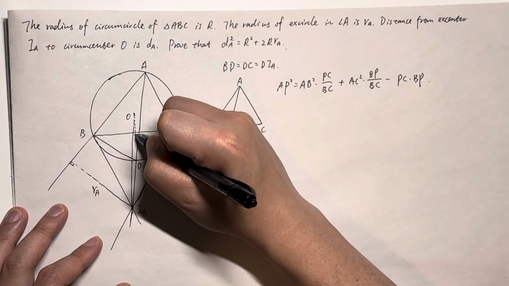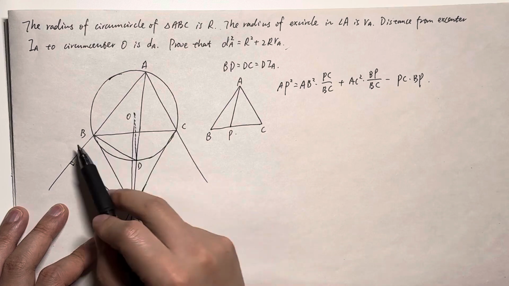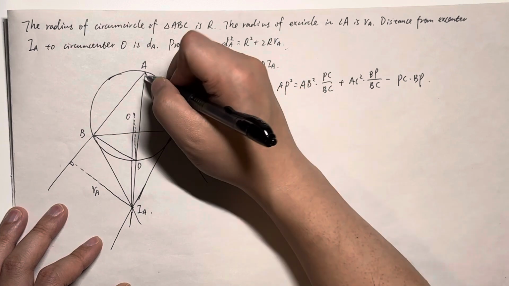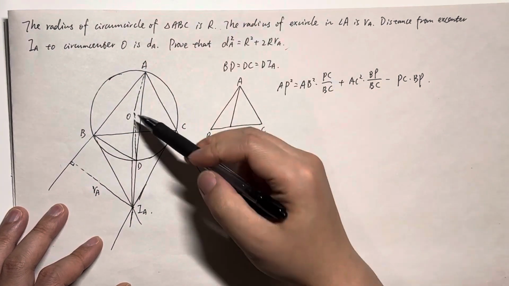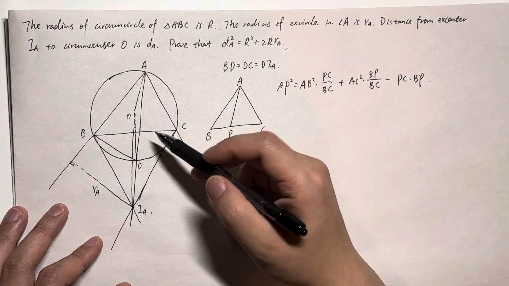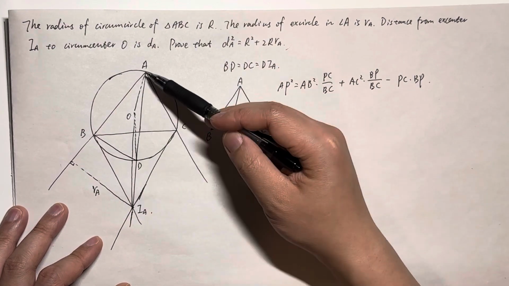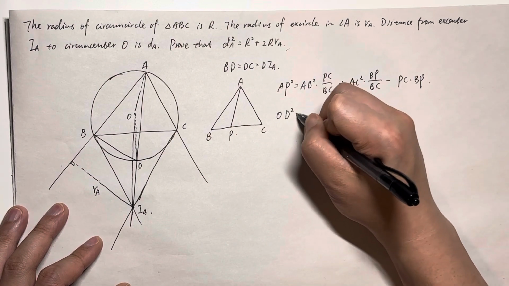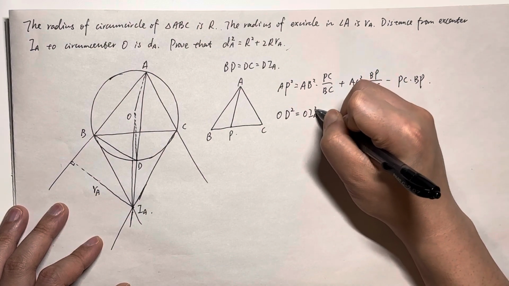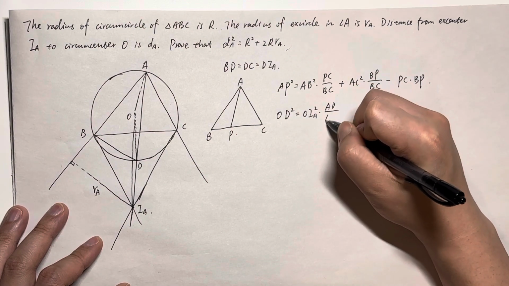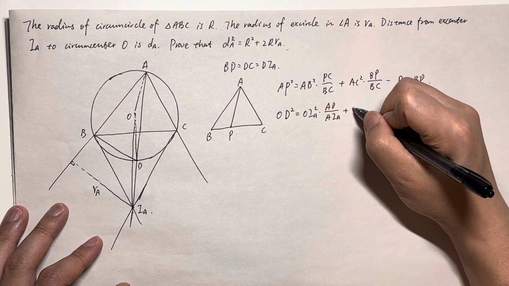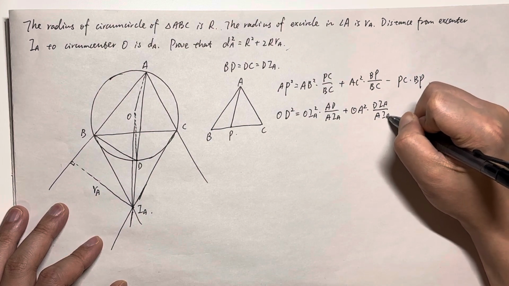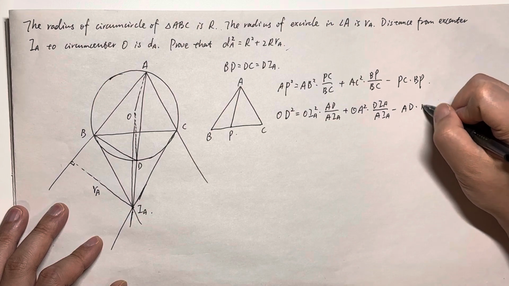And we know that OD is perpendicular to BC, and the length of OD is R, and OA is R. So we can use the Stewart theorem in triangle OIAA and the point D. So we have OD squared equals OIA squared times AD over AIA plus OA squared times DIA over AIA minus AD times DIA.